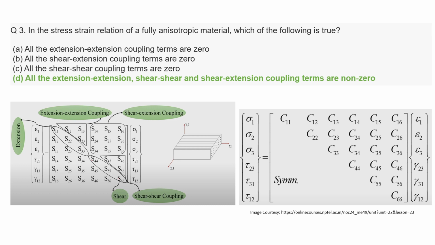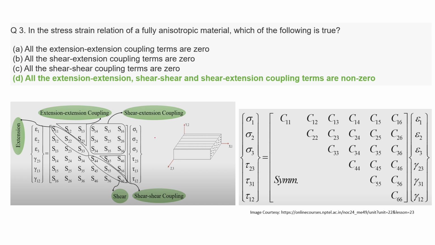Then comes shear, which is the direct relation between the shear stress and shear strain in a certain direction. Shear coupling gives the relation between the shear stress and shear strain with respect to one direction to other directions. And lastly, there is shear extension coupling, which gives us the relation between the shear values and the direct normal stress and strain values.